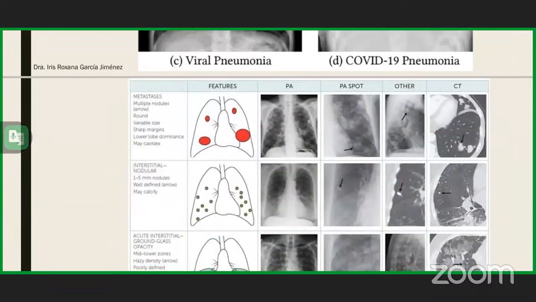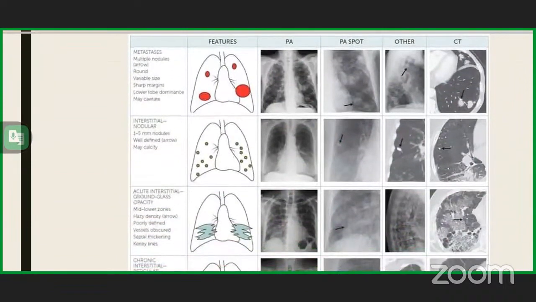But now we have these charts, lots of them. We have the different pathologies, different imaging studies: X-rays in PA position, the PA spot, I mean going closer to the lesion, to the structure that is normal.